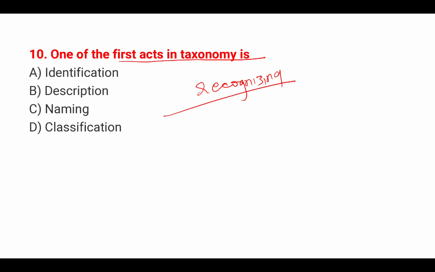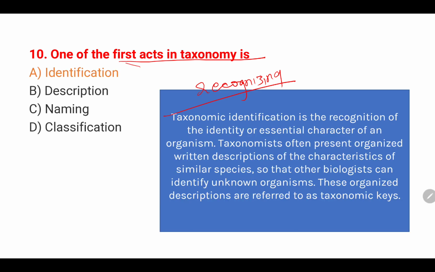All these things are nothing else but taxonomic identification. So the first step is the identification. First they have to identify an organism. Then they have to go on with the classification, naming and description.